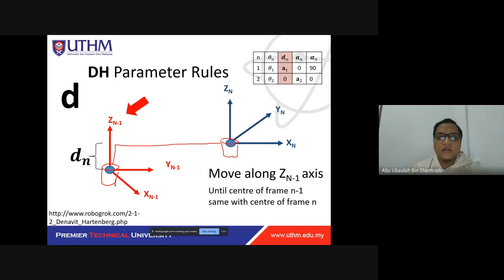So this is Zn minus 1, the frame for n minus 1, and this is the frame for n.